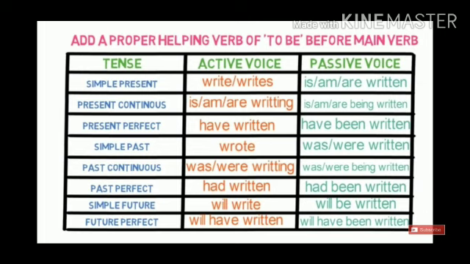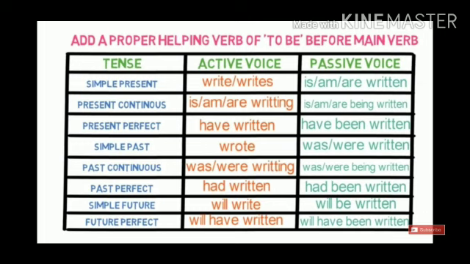Next one is simple past tense. In active voice, we use wrote, that is verb 2, the past form of write, while in passive, we use was or were depending on singular or plural plus written, that is past participle verb 3.